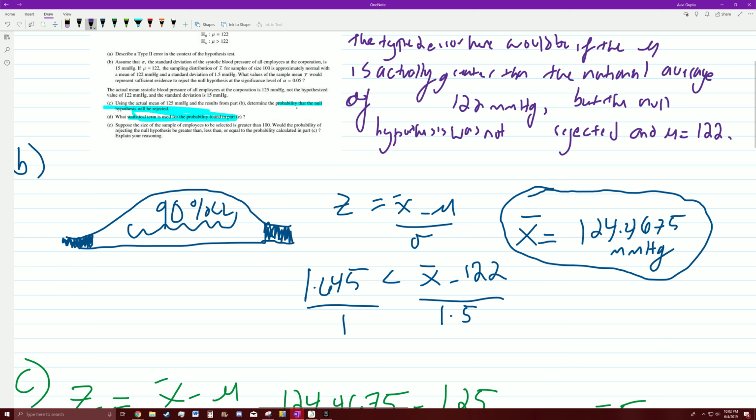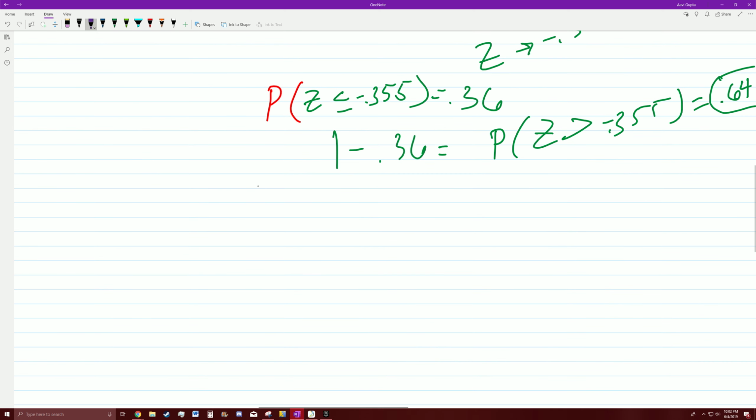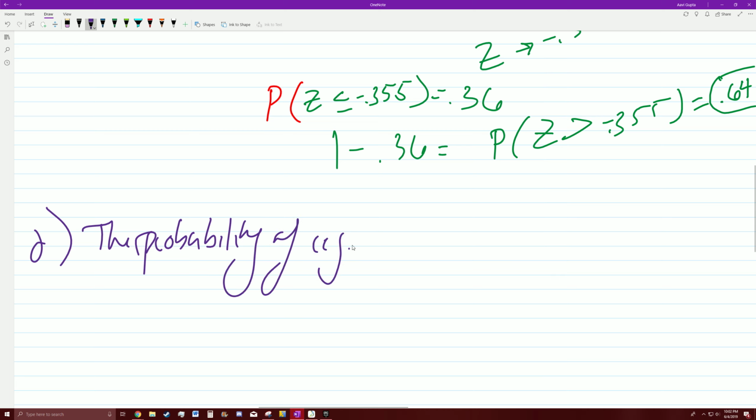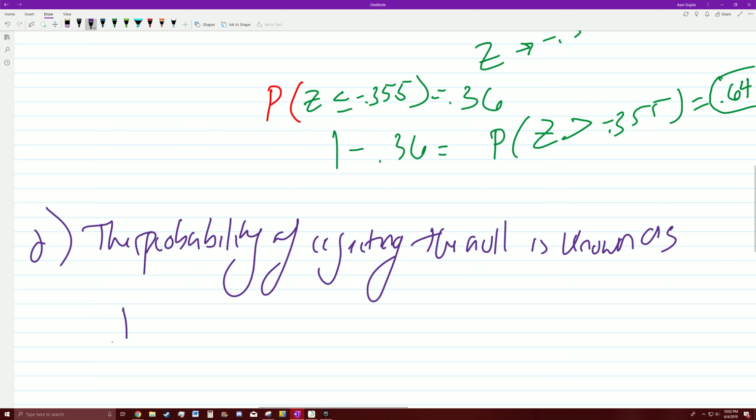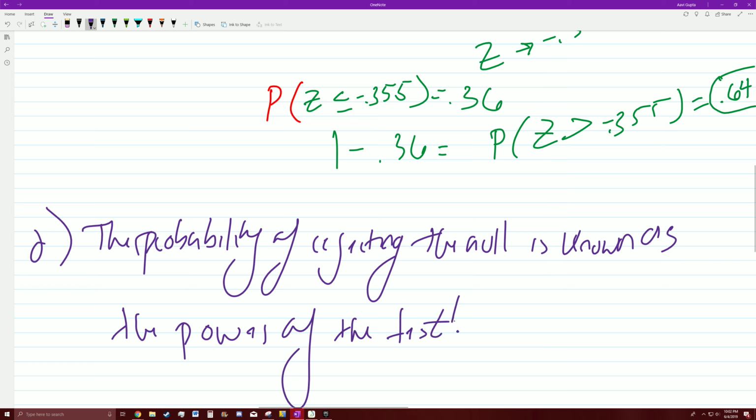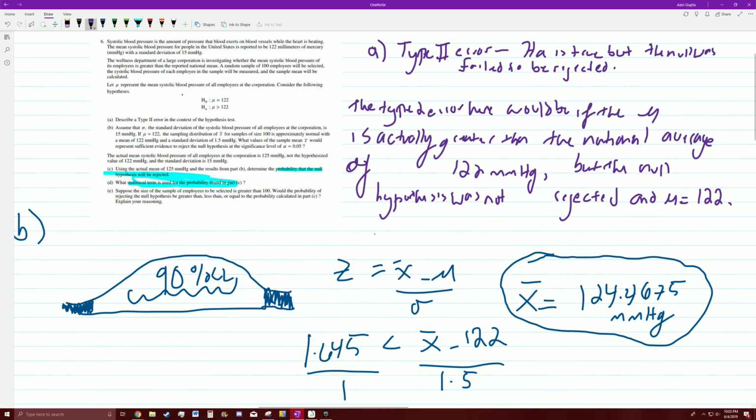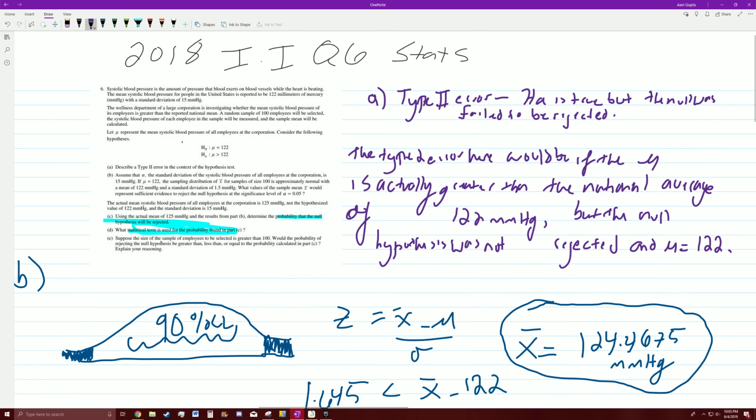The probability of rejecting the null is known as the power of the test. There you go. That's part D done. That was very nice, if you knew it, of course.